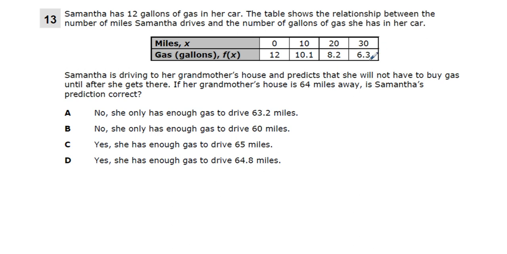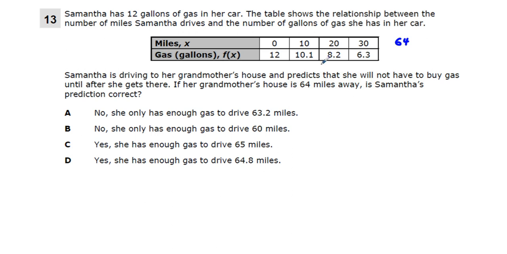Well, she's going to have to get to 64 over here, right? And she's going to have something greater than 0 in the tank. So let's go ahead and figure this out. Well, we can get a slope of this.